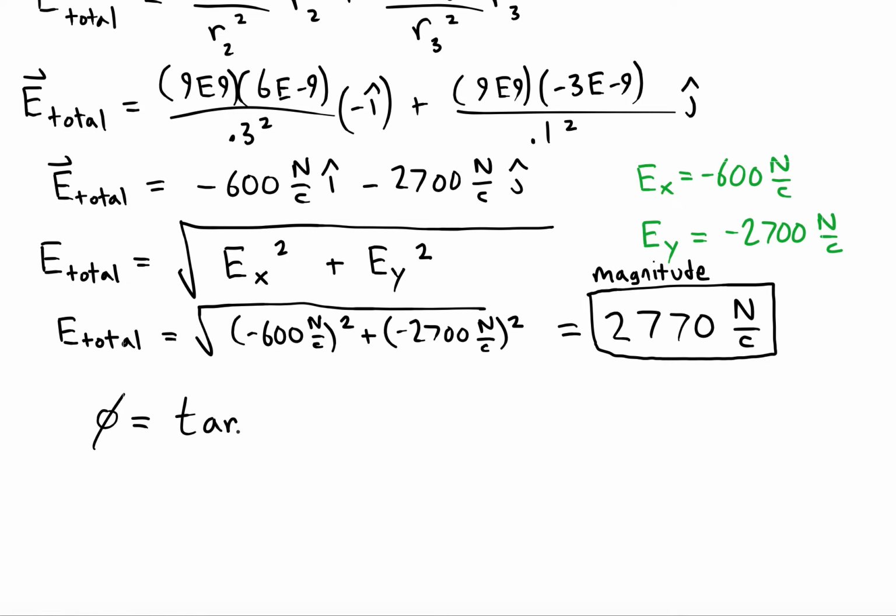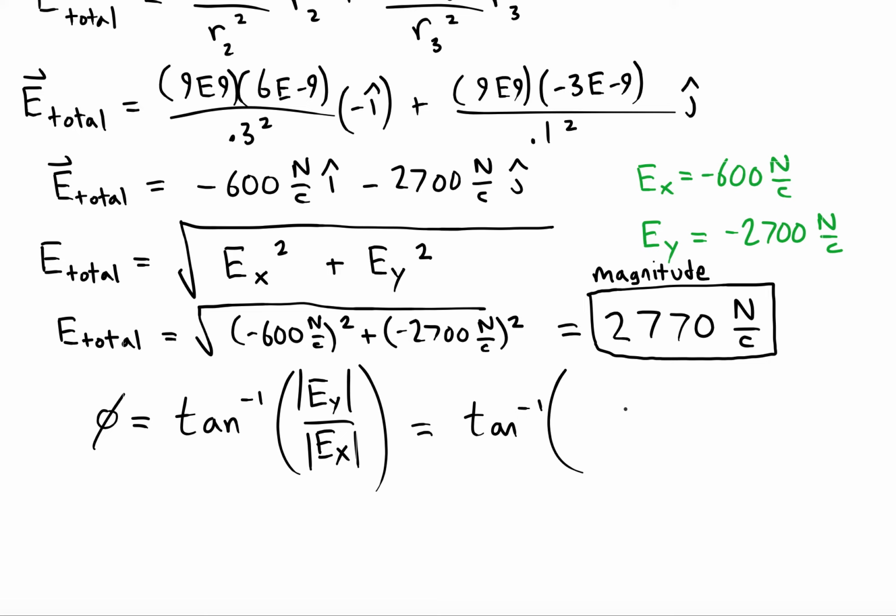And that is found with the formula tangent inverse of EY over EX. However, we always use absolute value in this formula. Don't want to put any negatives into it because we're just getting a reference angle between 0 and 90 out of it. Comes out to 77 degrees or so.